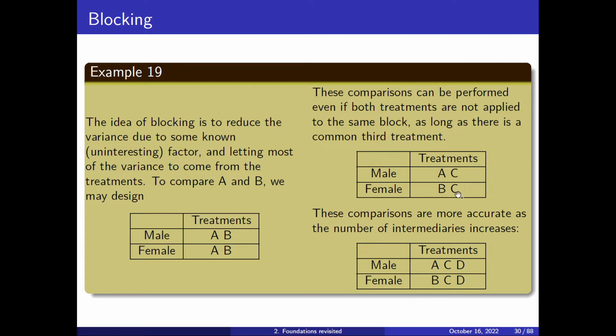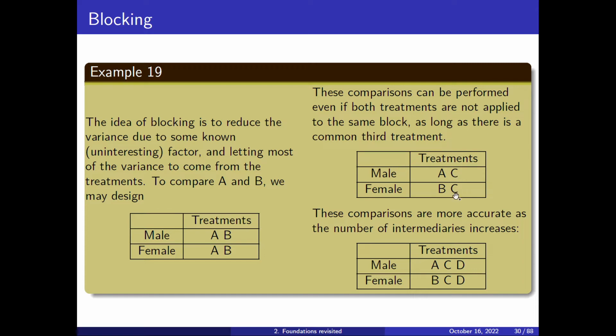So let's say that A or B has an effect on ovaries, and then we see some effect on the females, but when we apply the treatment to males, we don't see any effect, because we cannot extrapolate what we have seen in females to males, because males do not have ovaries.